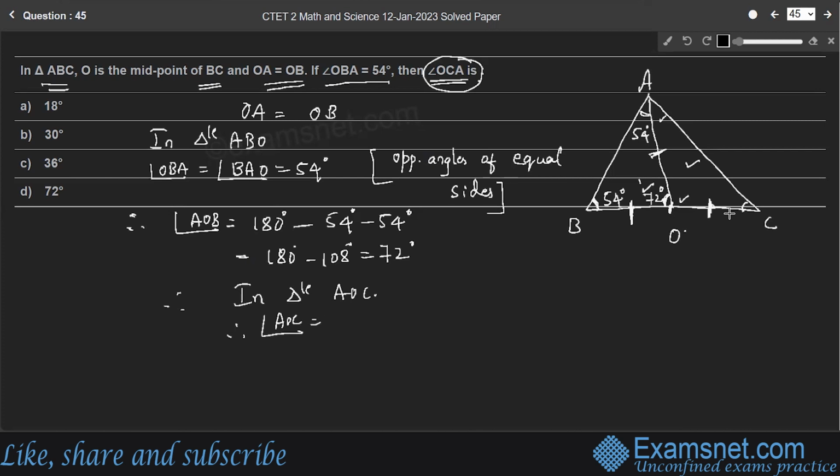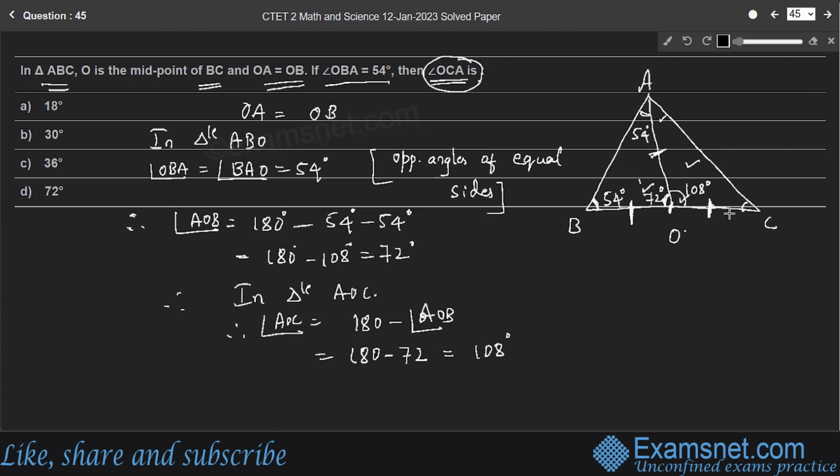Since AOC and AOB make a linear pair, their sum is equal to 180 degrees. So angle AOC is 180 minus angle AOB. So 180 minus 72 degrees is equal to 108 degrees. So angle AOC is 108 degrees.